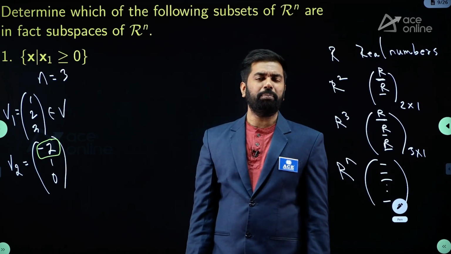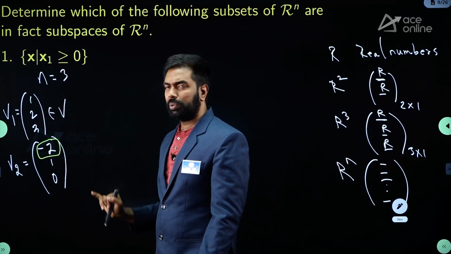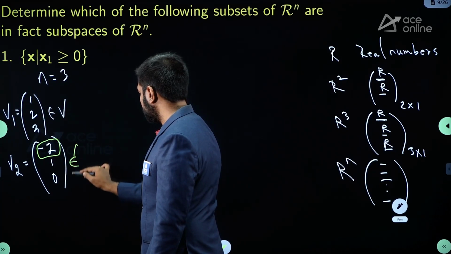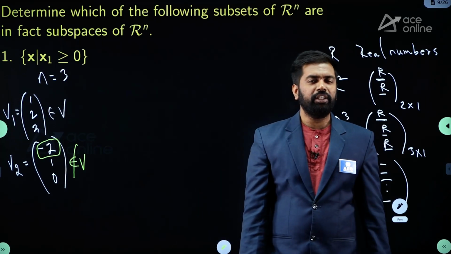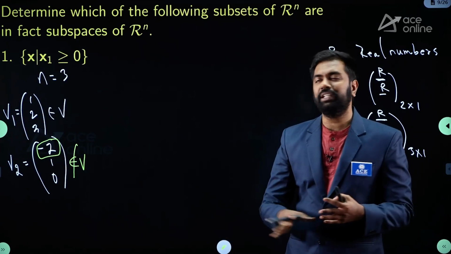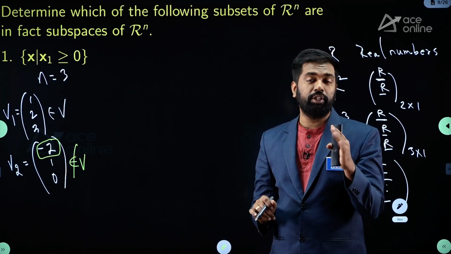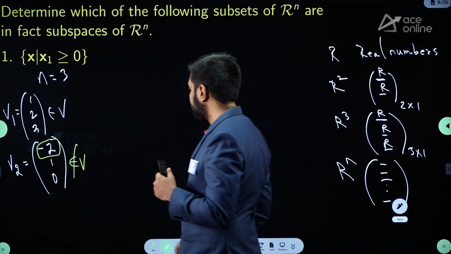The first component has to be greater than or equal to 0. Clearly it is not, so this does not belong to V. All this activity is to tell you what kind of vectors are present in a given set. Now what are we supposed to do? We have to check whether this forms a subspace or not. So how do you check that?